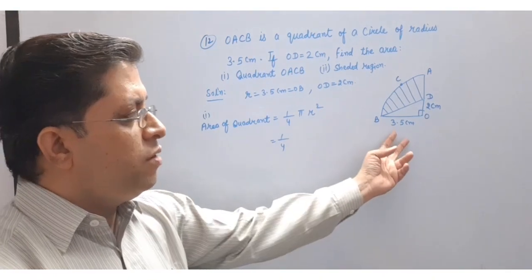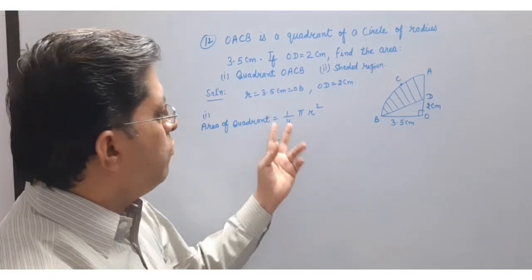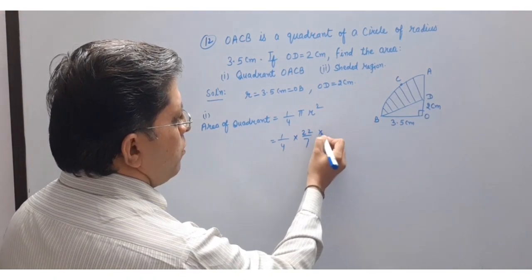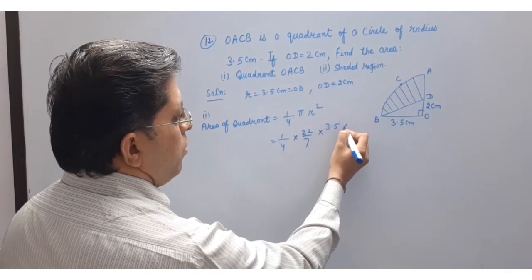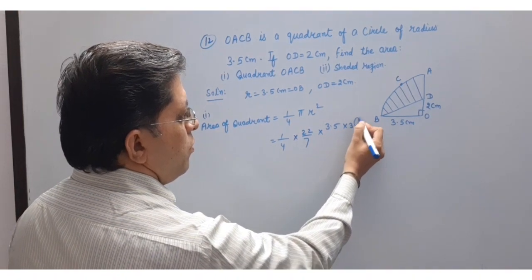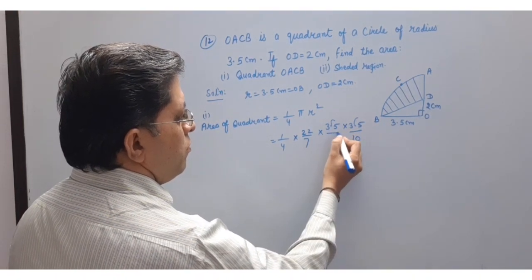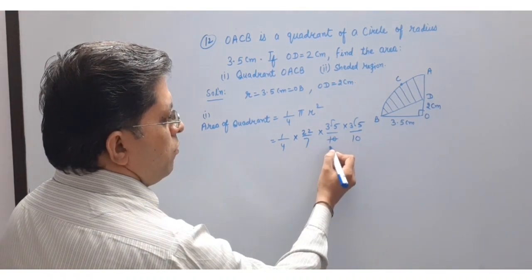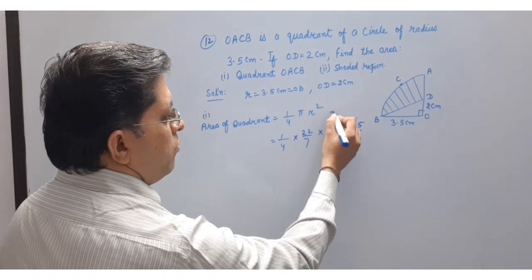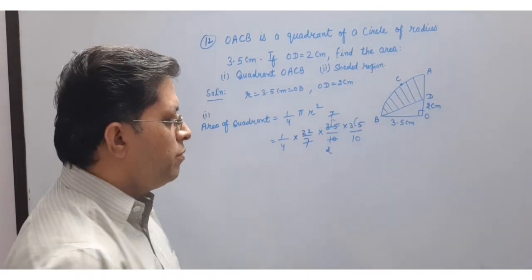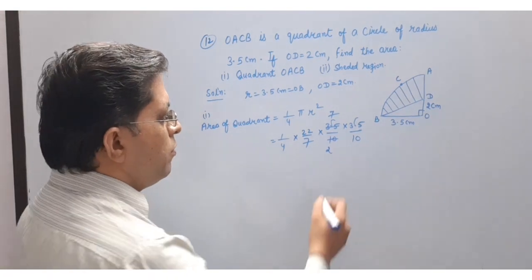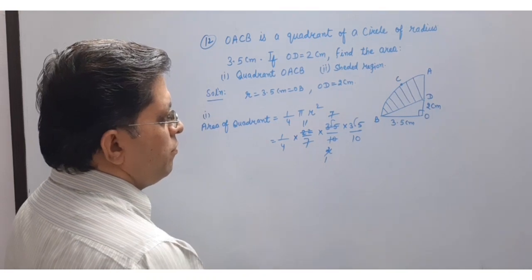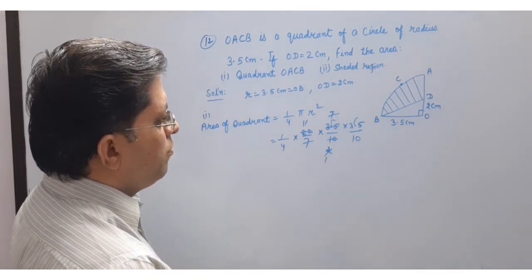Now see, radius is given to you. Easily you can take out 1 upon 4 pi r square. This is 22 upon 7. This is 3.5 into 3.5. Cut. 5 2s are 10, 5 7s are 35.